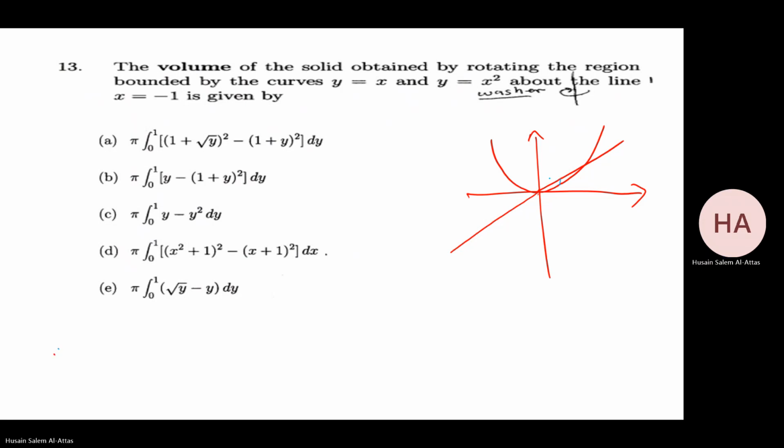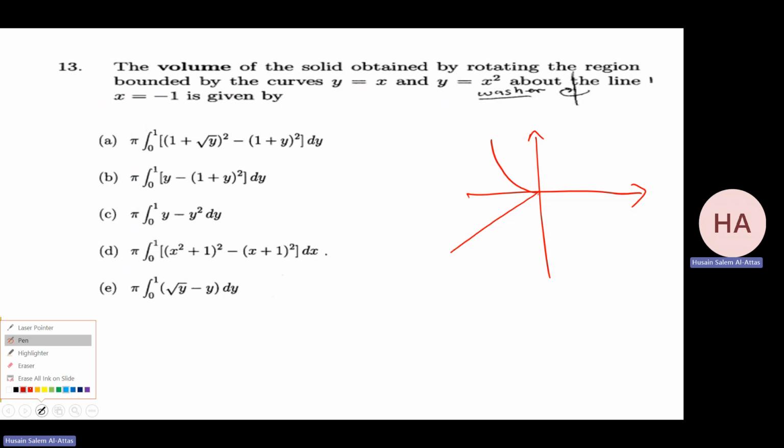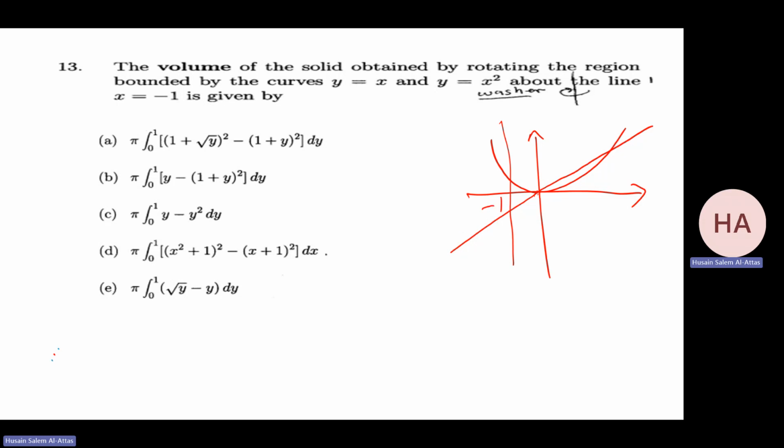This region. And they want it to be, no, wait a minute. About which line? This is the parabola. This is the line. And about x equal minus 1. So I have it about x equal minus 1. This is minus 1. Okay, this is my axis of revolution. Okay, axis of rotation.